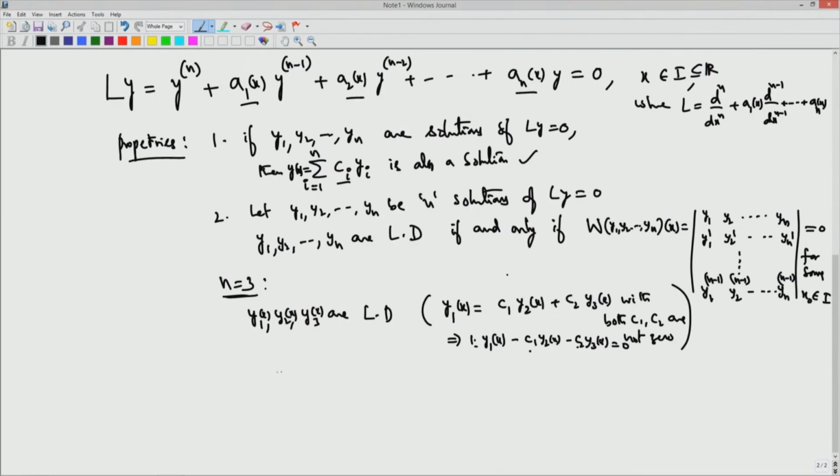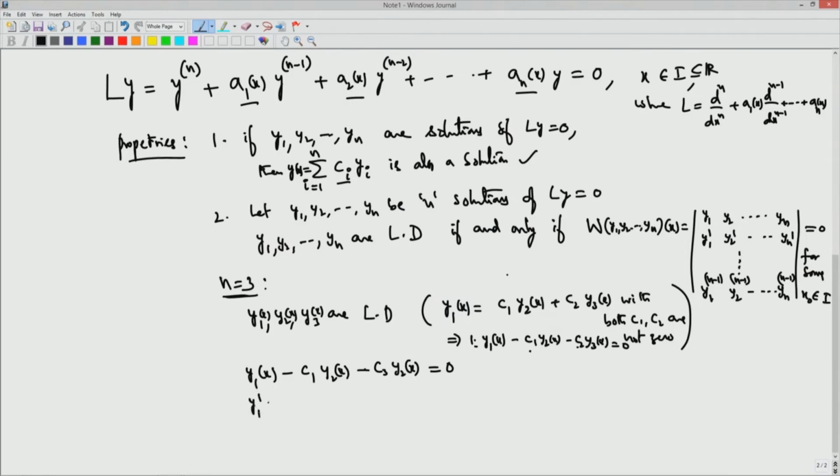So you take the same: y1 of x minus c1 y2 of x minus c2 y3 of x equal to 0. You differentiate, because y1, y2, y3 are solutions of a third order differential equation since n equal to 3, so you can differentiate twice.